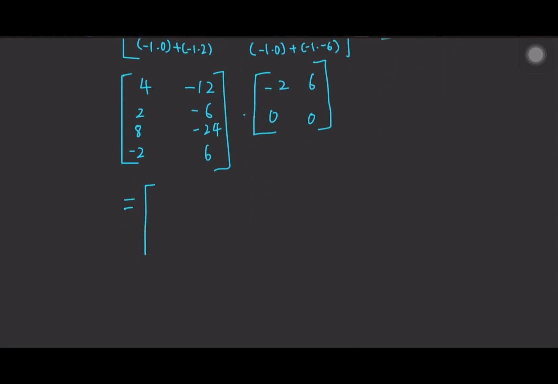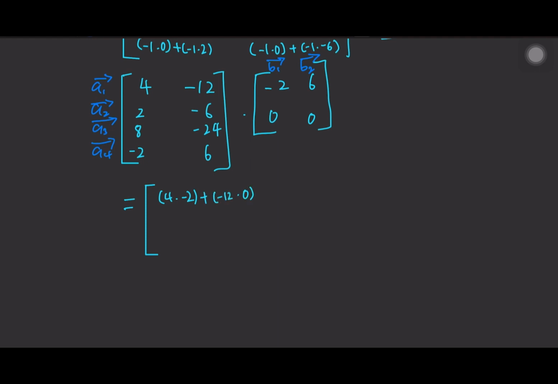And again, this time, since there are two matrices, I'll be using the A1, B1 as a guide. So this is A1, A2, A3, A4, and this is B1, column 1, B2, column 2. Okay, let's go. Here we get A1 multiplied by B1, which is 4 multiplied by negative 2 plus negative 12 multiplied by 0.